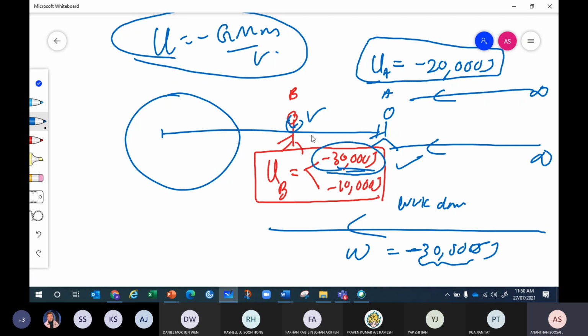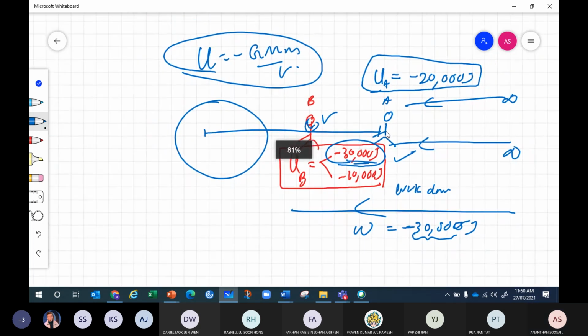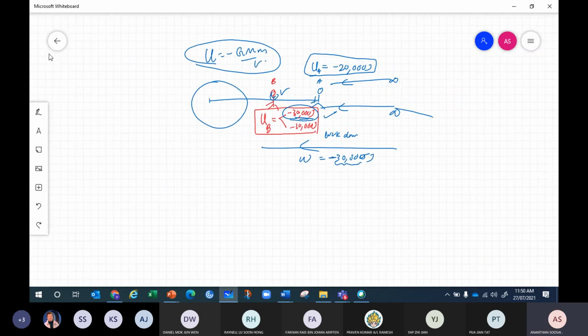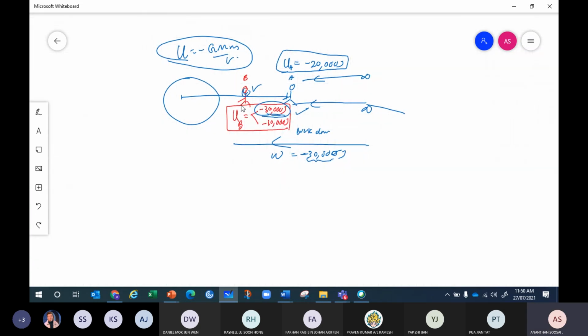Okay, so magnitude wise, when you get closer, the magnitude gets big. For the Earth, the potential energy at infinity will be how much?